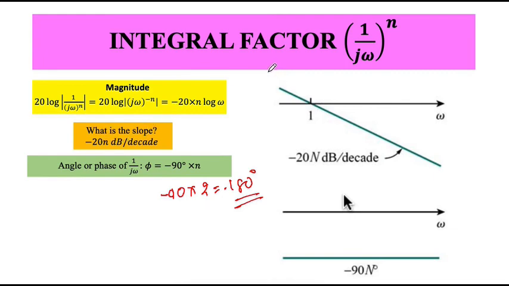If I'm talking about zeros, it will be positive, everything will be positive. So here the slope is minus 20 n decibel per decade, and here the phase is minus 90 into n.